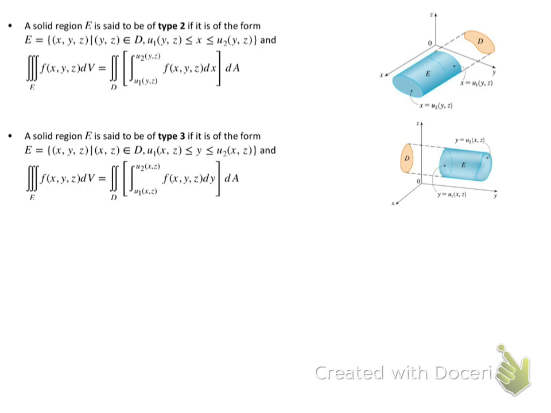Last, I'm going to tell you the other two types of the region. Pretty much the same thing. If you can project the whole region on the YZ plane, and you do have the projection, and also you have the two ends, which means on each point you know how to express the two endpoints in terms of Y and Z. Or you project the whole thing on your XZ plane, which means for each XZ point, you know where it hits.